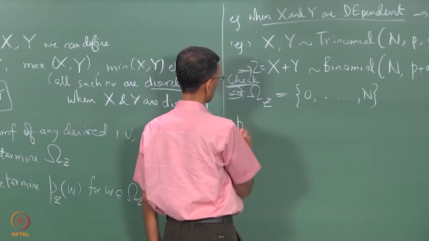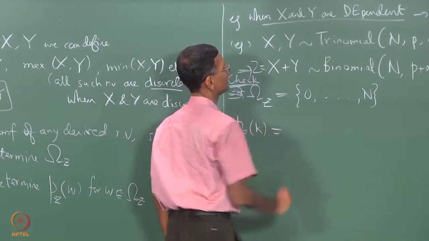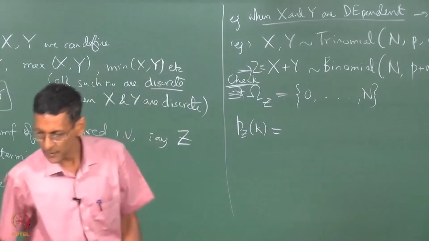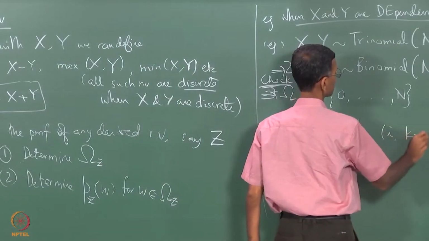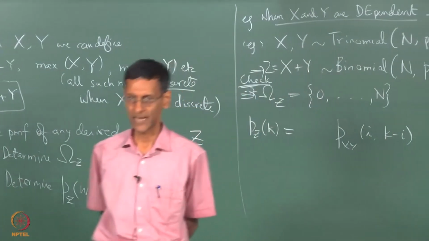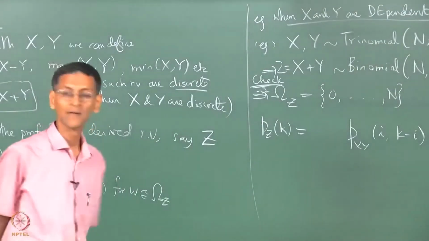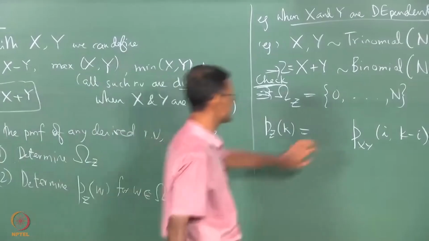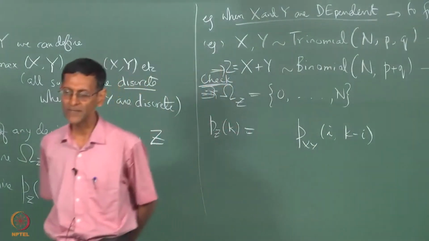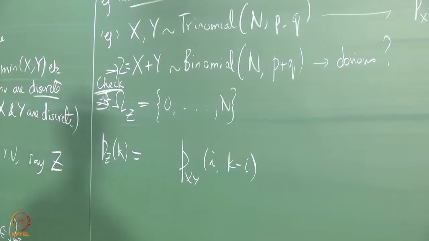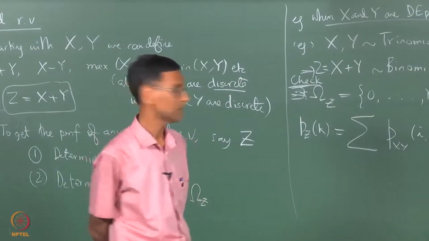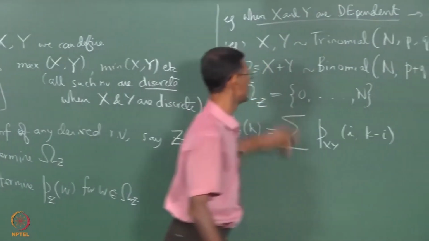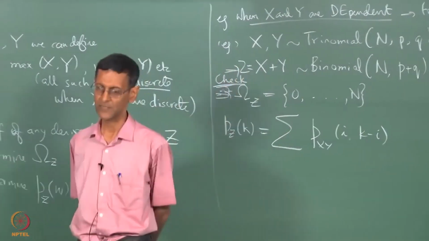So what is pz of k now? What I have to do is write the expression down, pxy of i comma k minus i. This I have to start with. So for a particular value of k, x can be i and y can be k minus i. What will be the range of i in the summation now? We have already done this for the Poisson case, so this is exactly the same thing, the limits are very similar.